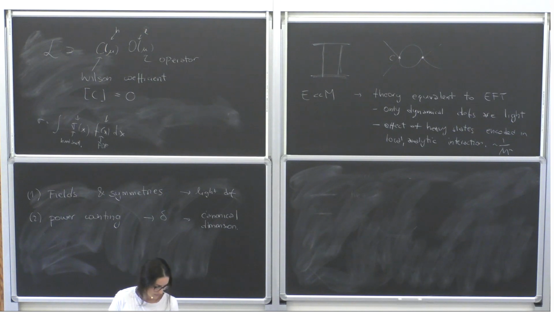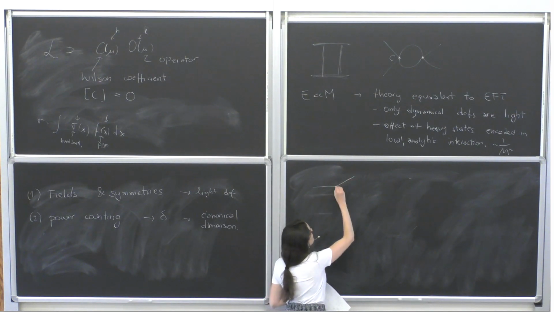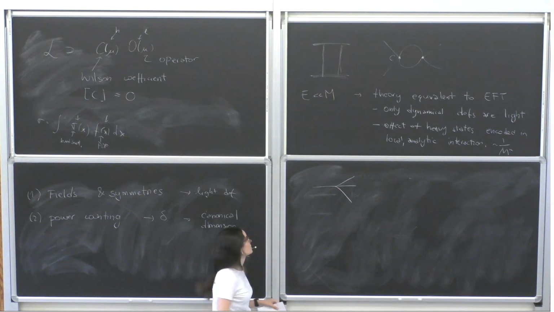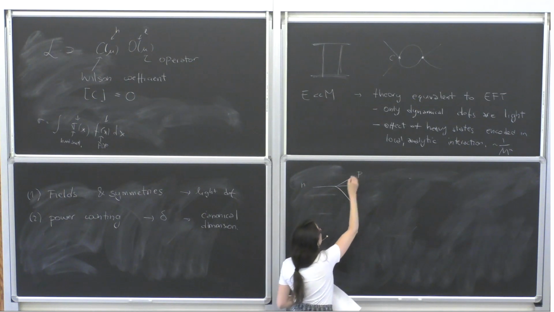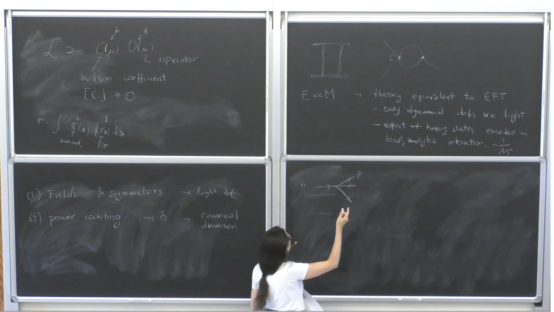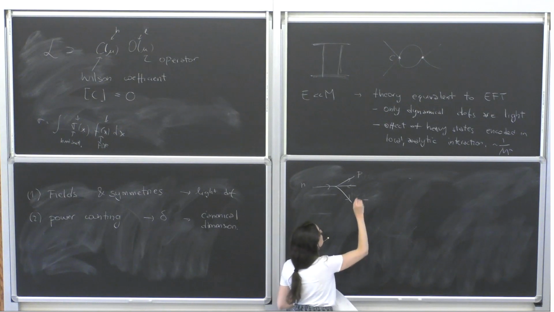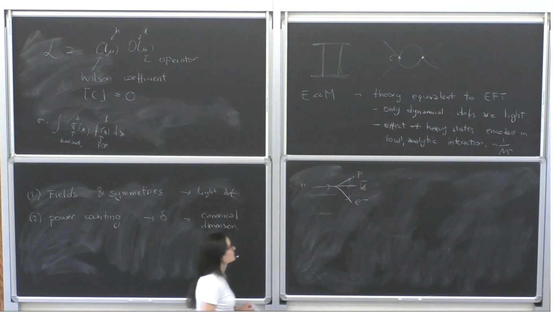So originally it was introduced for nuclear decays. So you had this interaction that you have seen just in the previous lecture, where you had, for instance, a neutron that can go to a proton. And then you emit a neutrino, an antineutrino, and an electron.